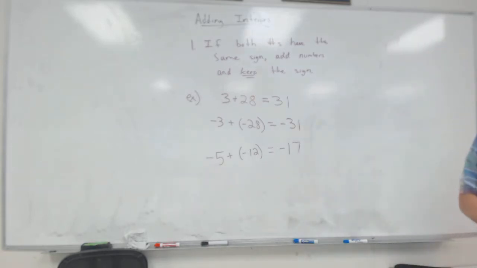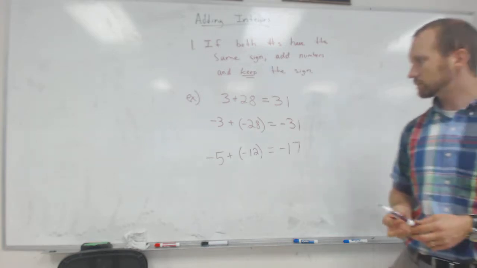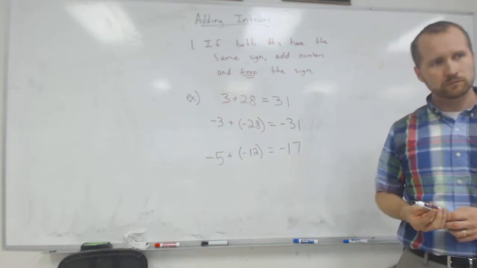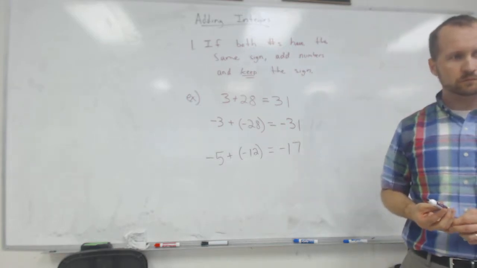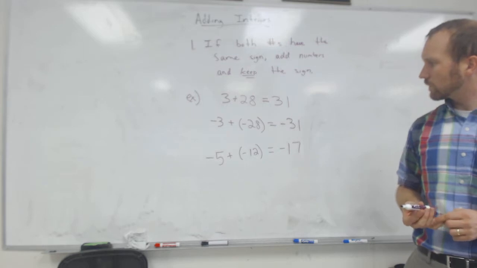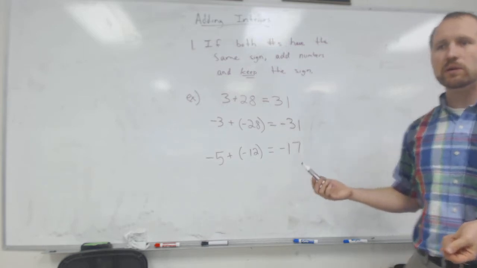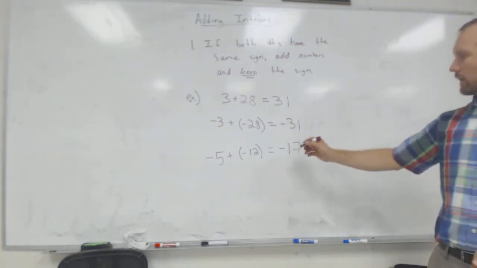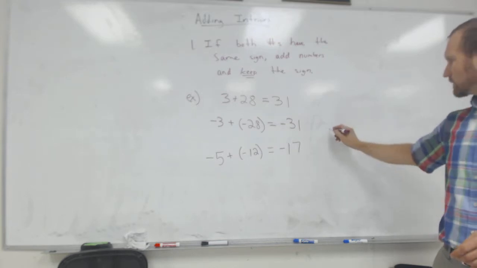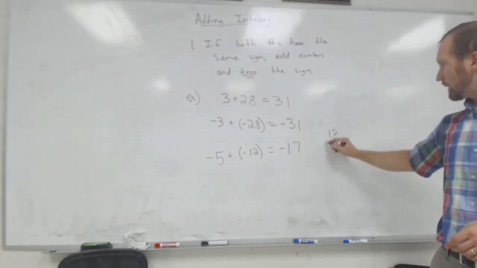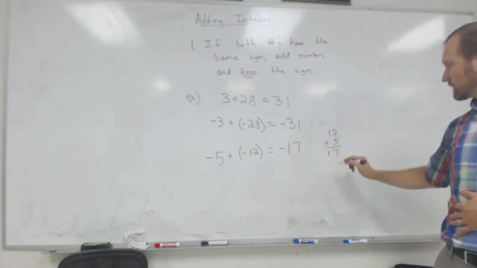So you add 12 plus 5, that's 17, and basically what I did is I put plus, so addition. If it helps you, you can do that off to the side. You can totally ignore the negatives and just say 12 plus 5 is 17.